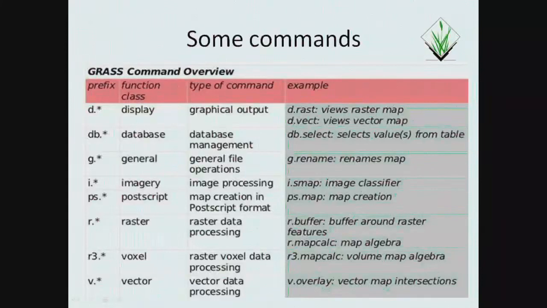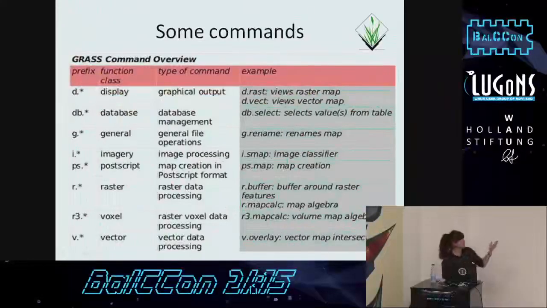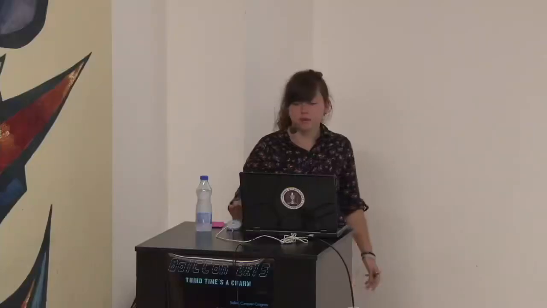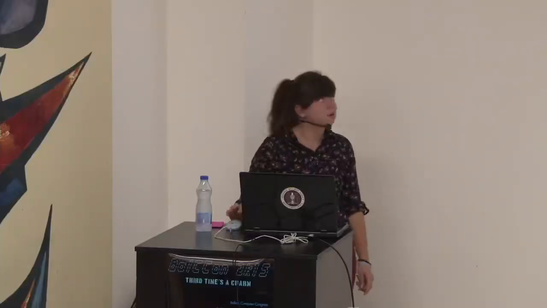That is a command for graphical output. Then the r prefix is for raster functions, for presenting raster data and processing it. Of course, v is for vector and processing vector data.